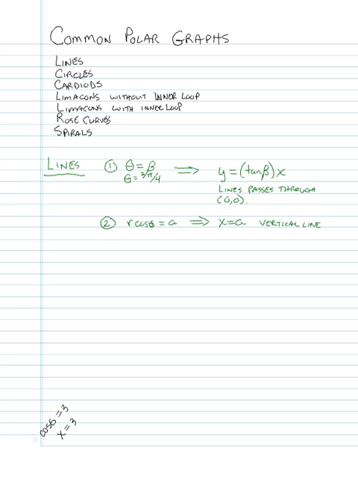And the third would be something like r times sine of theta equal to a constant, let's say b. We can replace r sine of theta with y, and so this ends up being y equal to b, which of course is a horizontal line.